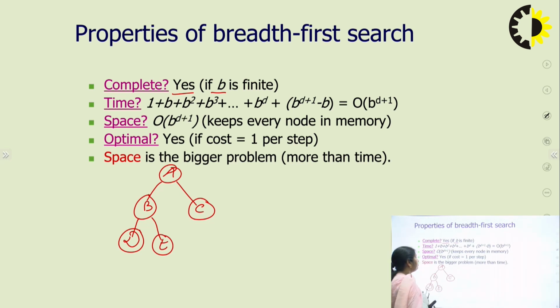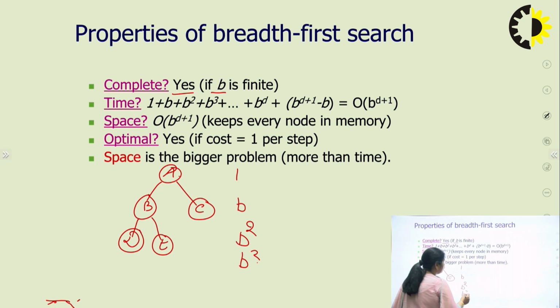So if we say A can have a maximum of B neighbors, it means A is 1, its neighbors are B, then every neighbor has B successors. So it is having B square. Now these B square nodes will have B successors again, so B cube. So the first level will have one node, then B nodes, then B square nodes, then the next level B cube nodes. Okay, so all these will be worked out.